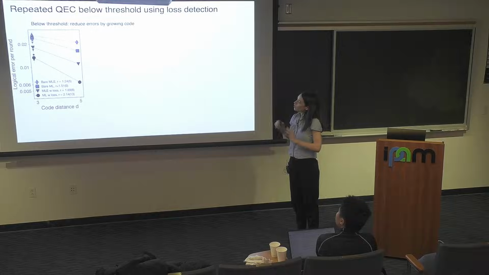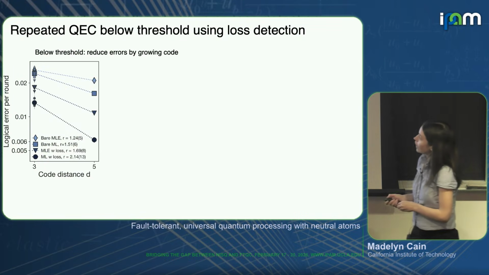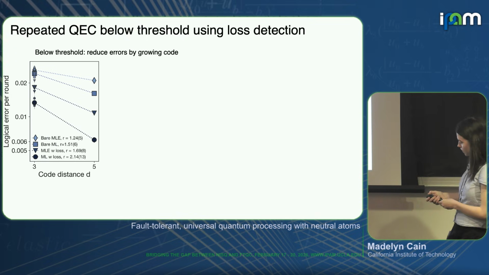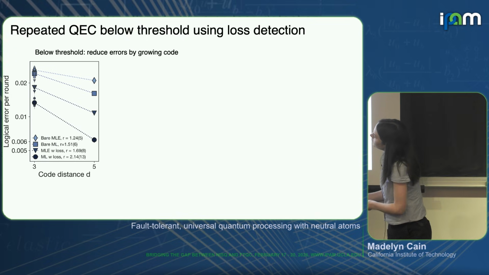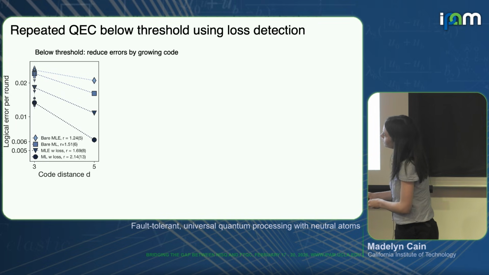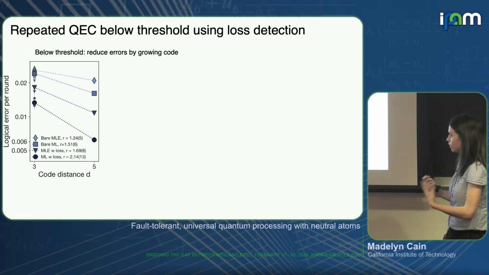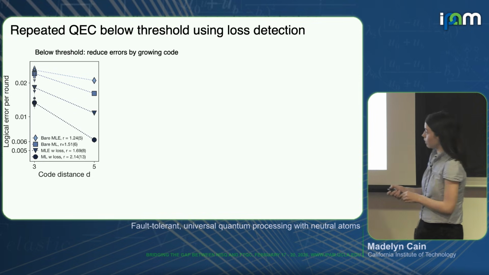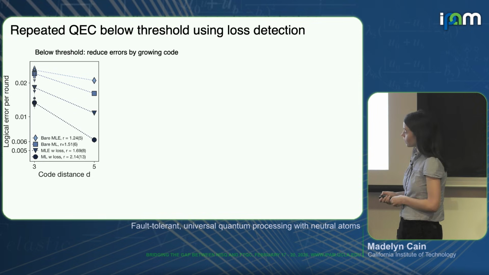So we observe that for this circuit, we are indeed below threshold, where we can reduce errors by growing the code distance. You can see in this plot, as we grow the code distance for several different decoders that we looked at, the logical error rate decreases as we go to code distance 5 versus 3.